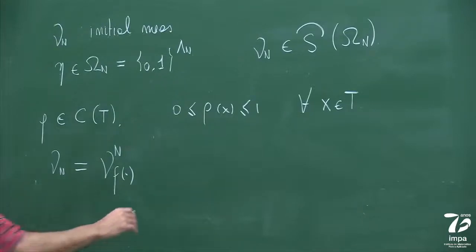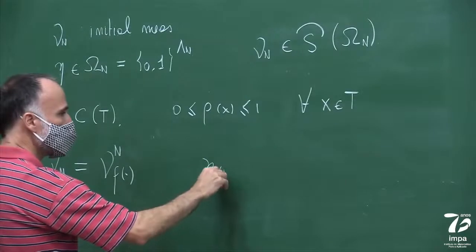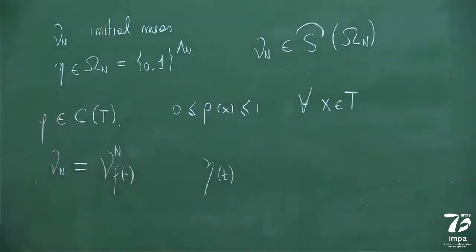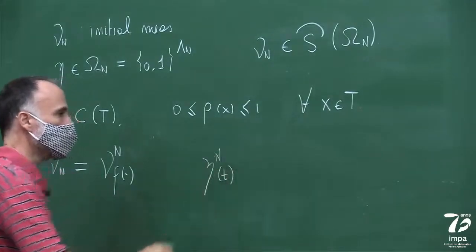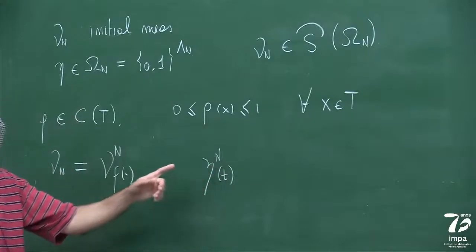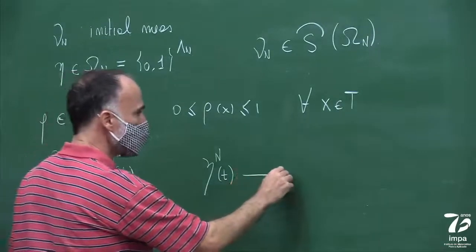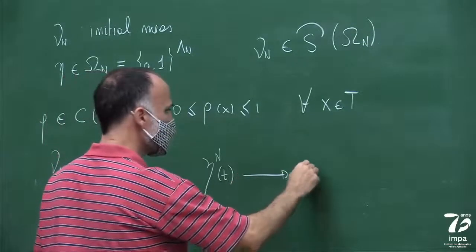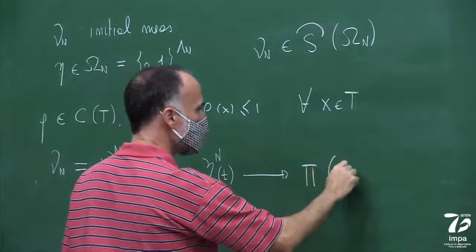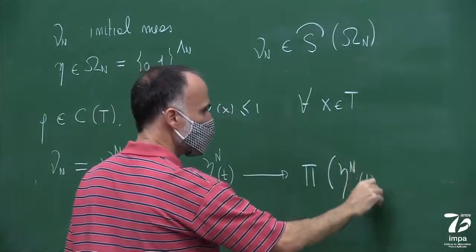And then we consider the evolution, our Markov process eta t, which is the exclusion process. Let me just put a superscript n, to say that this process evolves on this space omega n. So it depends on n. For each n, I have a different process. And this corresponds to the evolution of pi of eta and t.